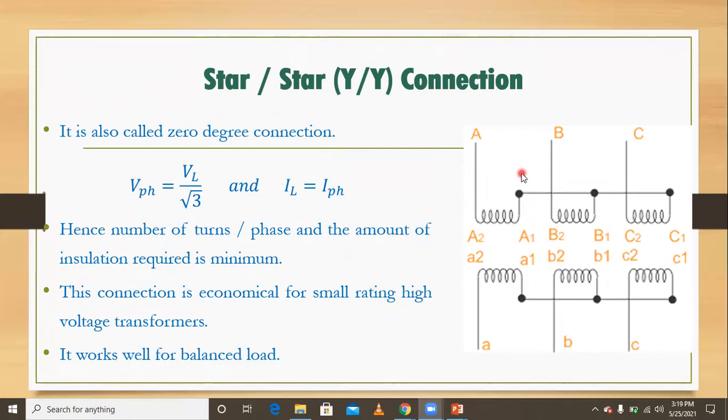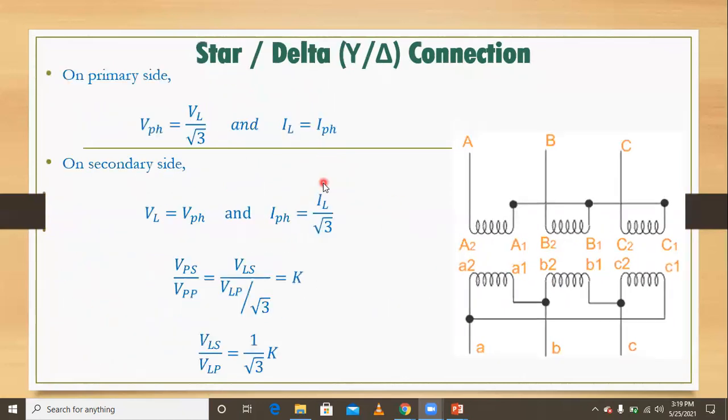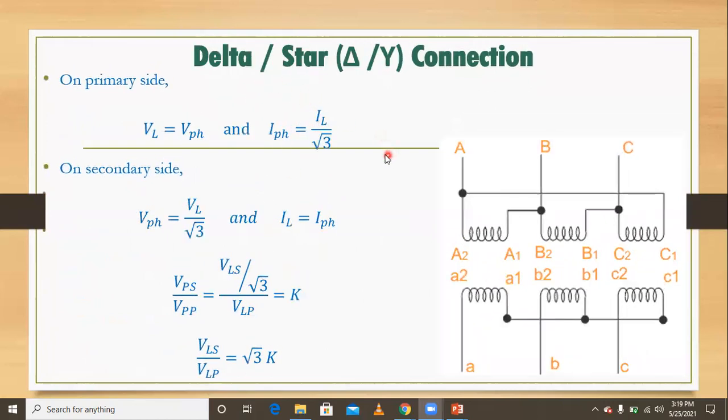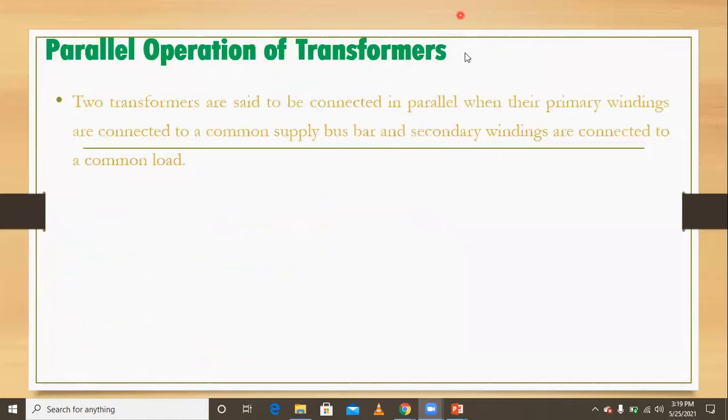Here V phase is equal to VL by root 3 on both sides, so there is no change in the turns ratio. V2 by V1 is equal to N2 by N1, which is K only. But star delta and delta star connections are different. Understood? This is about star delta and delta star connection three phase transformers.